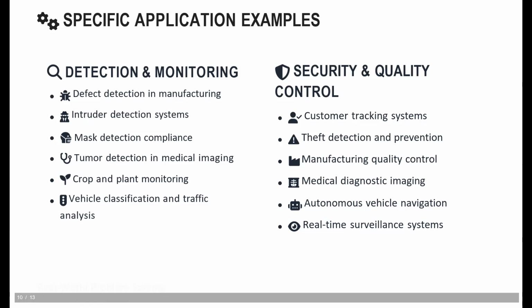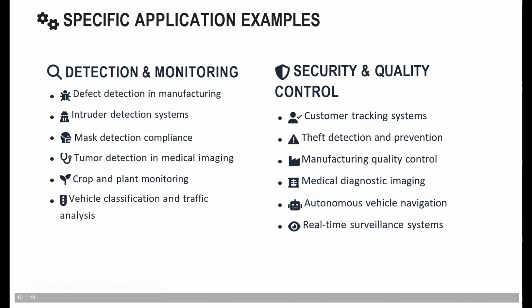Nowadays we all know that artificial intelligence has developed in a strong way. Even if you wear a mask, it can still recognize the person. Tumor detection in medical imaging: pattern recognition and computer vision help in various medical fields like heart disease prediction and coffee bean prediction.